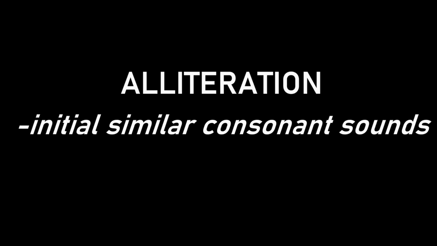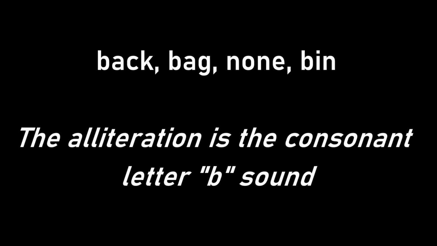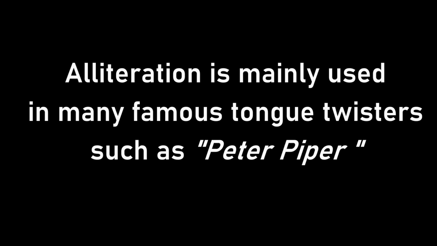So these are words starting with similar consonant sounds such as back, bag, bone, or bean. The initial consonant in that example is B or the B sound. Alliteration is mainly used also in tongue twisters such as Peter Piper, in which the initial consonant sound there is P, letter P.